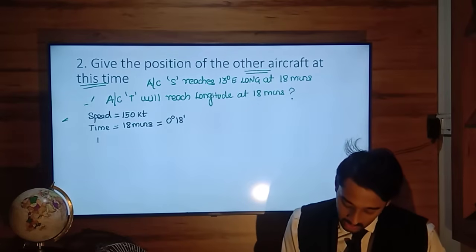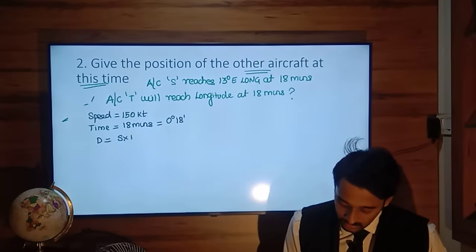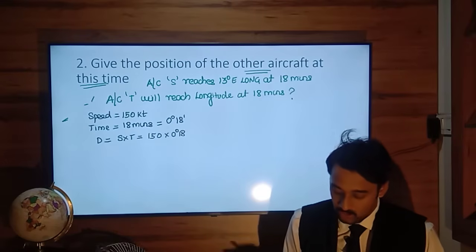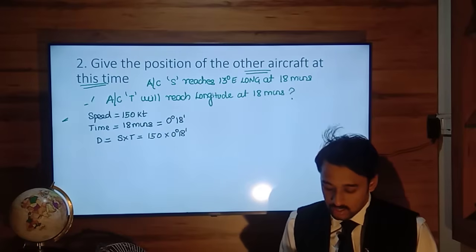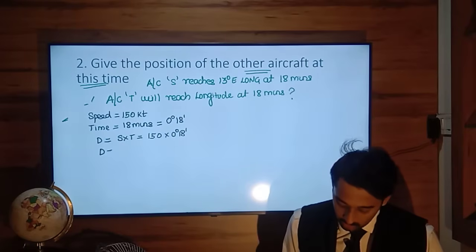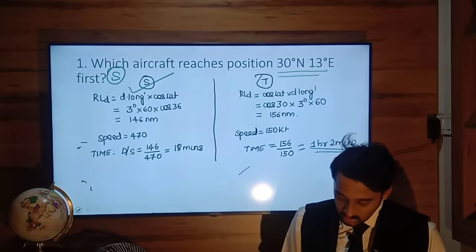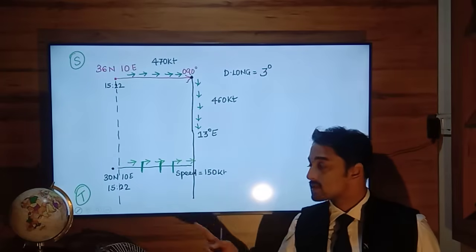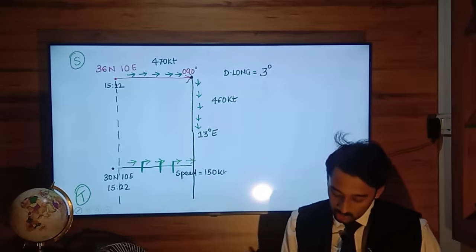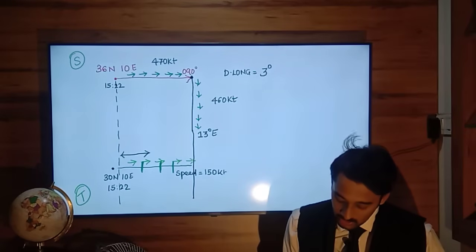Now distance is speed times time, so 150 times 0.18 hours is equal to 45 nautical miles. So at the end of 18 minutes, aircraft Tango will have covered 45 nautical miles.